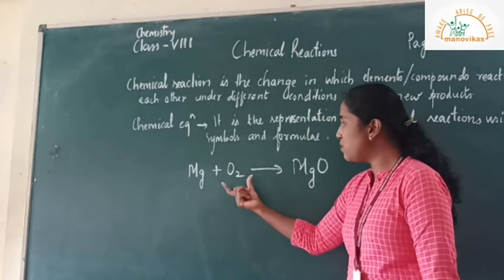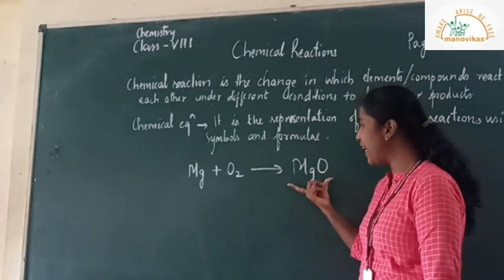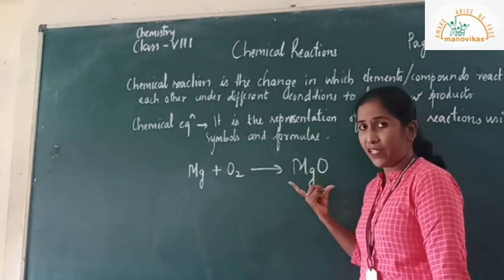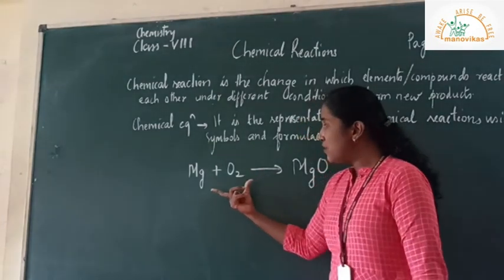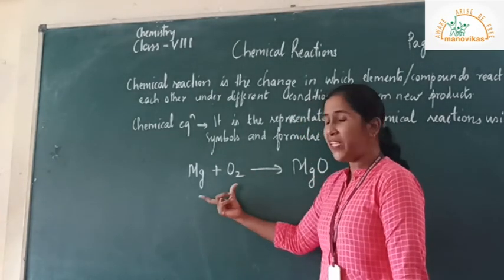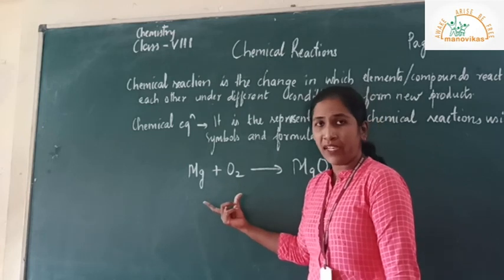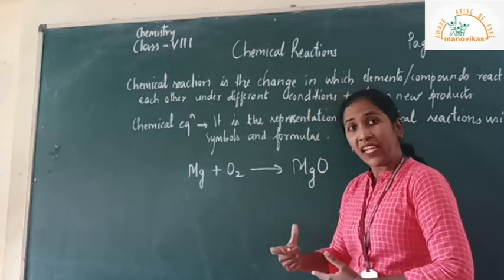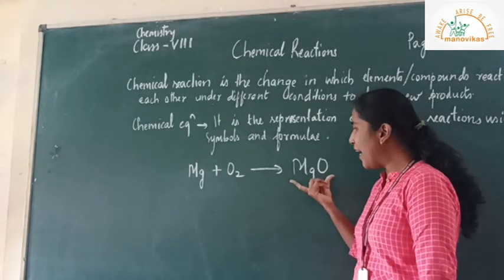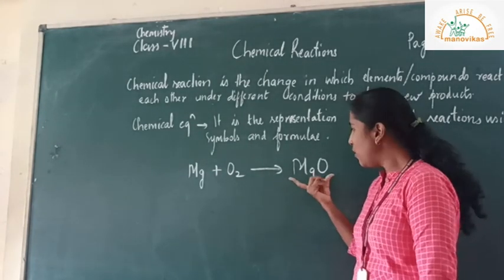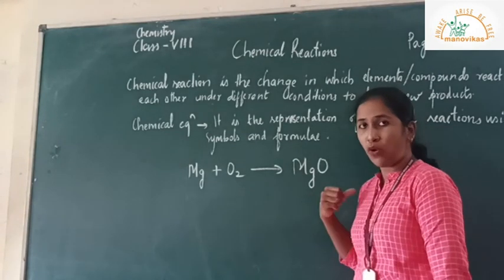So when magnesium is burned in the presence of oxygen, what we get is magnesium oxide. Okay. Now in this chemical reaction, there is a breaking, the bond between the atoms is destroyed and the atoms are rearranged, okay, in order to get the product. So here the atoms are rearranged and what we obtain is magnesium oxide.